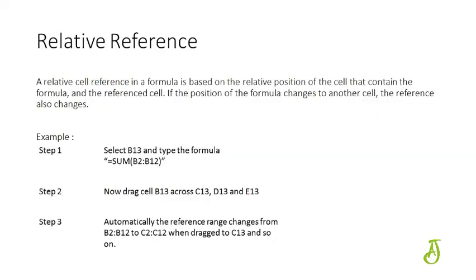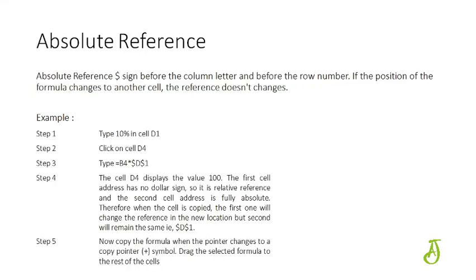Relative references. A relative cell reference in a formula is based on the relative position of the cell that contains the formula and the referenced cell. If the position of the formula changes to another cell, the reference also changes.